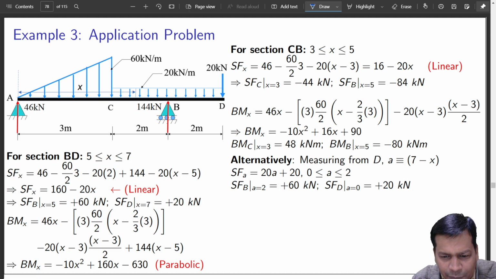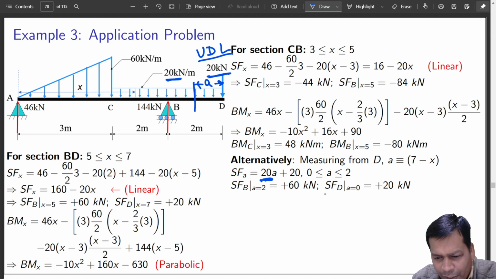So it should be 20 into A, because 20 into A is the distance, okay. So that is due to UDL, uniformly distributed load, it is 20 into A, that is the downward load, and a force of 20 kilonewton, that is this one, okay. So that comes here.